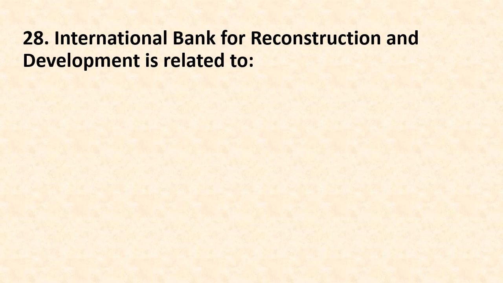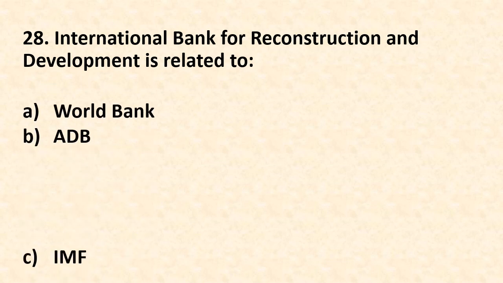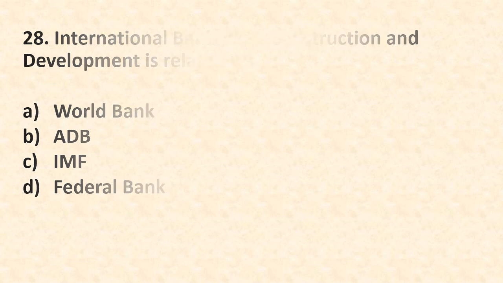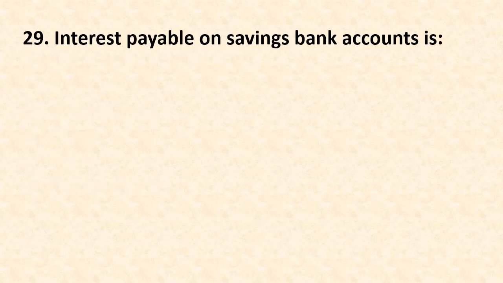Question number 28. International Bank for Reconstruction and Development is related to, options are World Bank, ADB, IMF and Federal Bank. The correct answer is option A, World Bank. Question number 29.